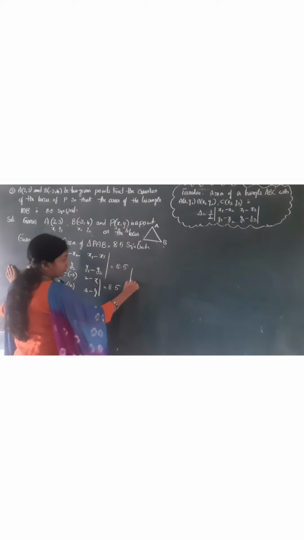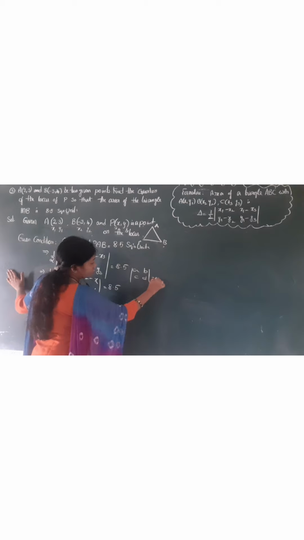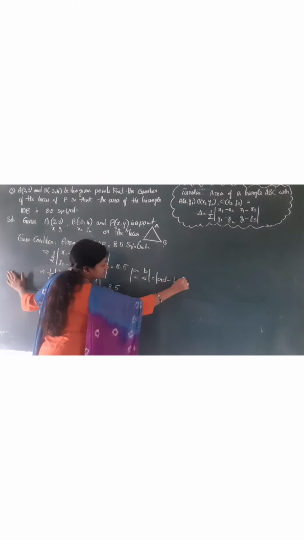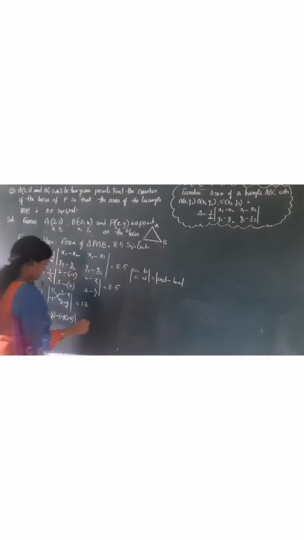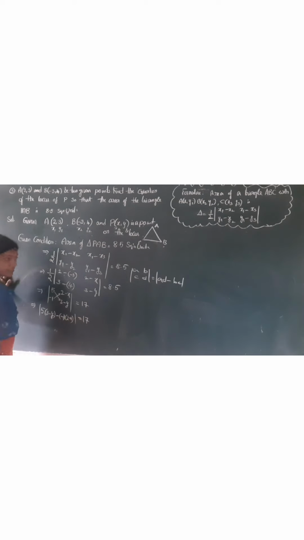Now, how do you find this modulus? You have to find the determinant and take the mod. How do you find the determinant? Cross multiplication. If it is A, B, C, D, then AD minus BC. So 5 into 3 minus y, minus minus 1 into 2 minus x, which is equal to 17.